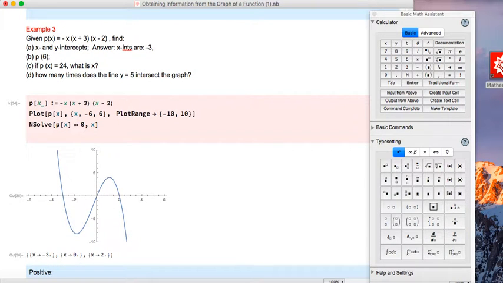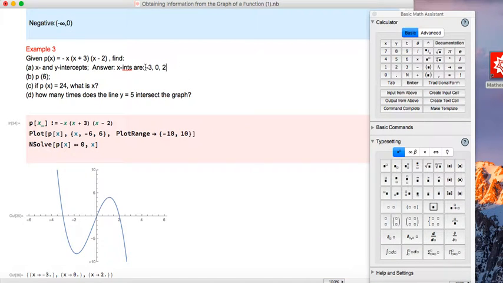I would say negative 3, 0, 2. If you state them as points, we should write negative 3, 0, then 0, 0, and then 2, 0. So 3 points.